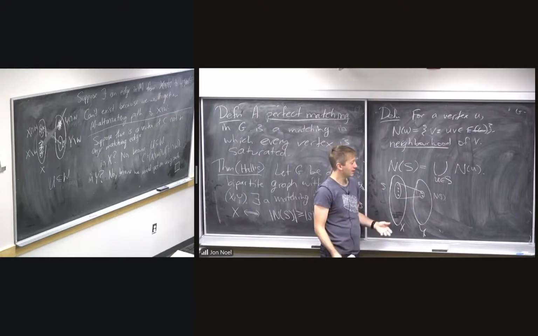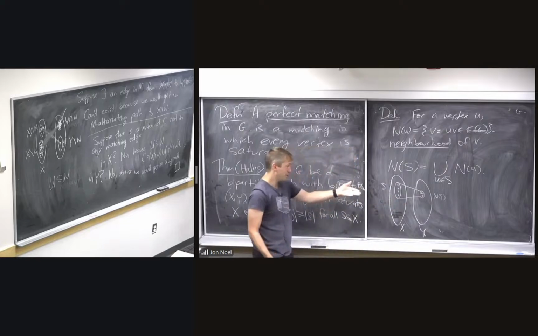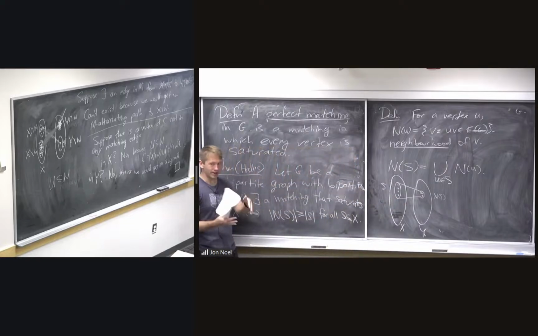So either you get a perfect matching or you get some really obvious obstruction, which generally doesn't always happen in combinatorial problems. It's kind of magic when it does. You can think of König's theorem that way too: either you get a big matching or there's some obvious obstruction, which is a small vertex cover.